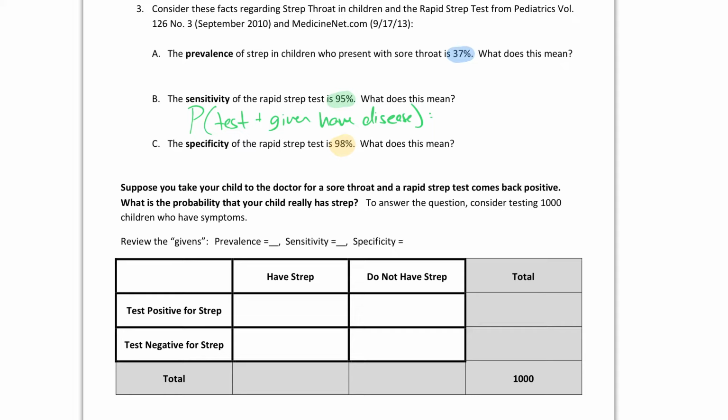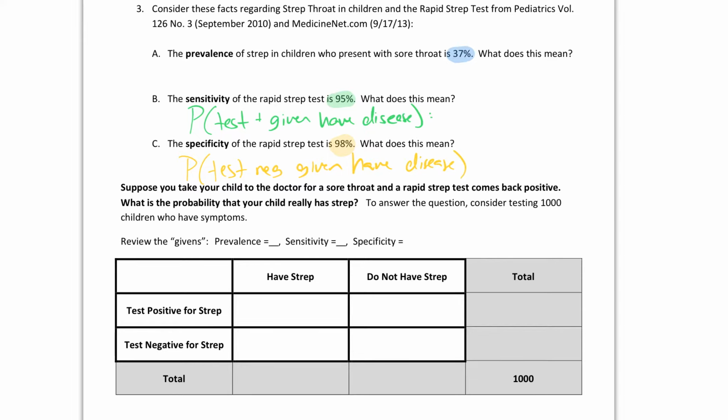And then the specificity was the probability that they test negative given they do not have the disease. So we need to use this information to try and fill out this table.